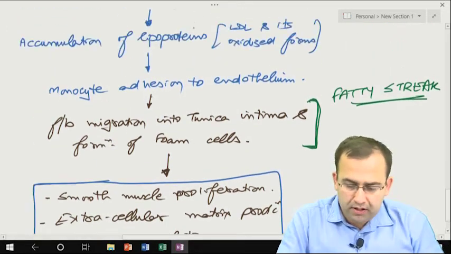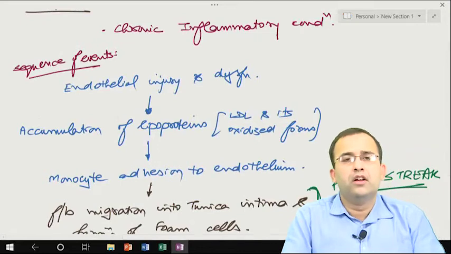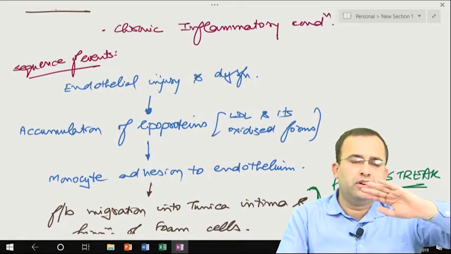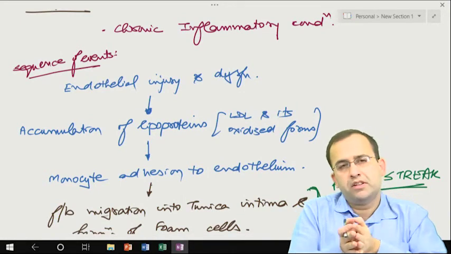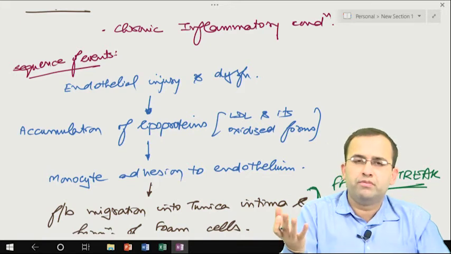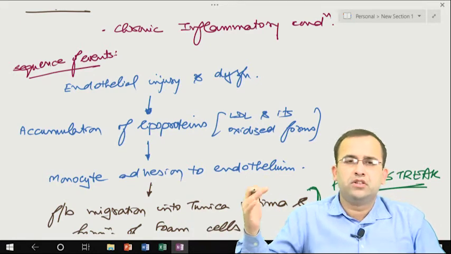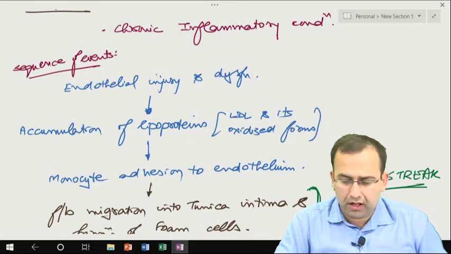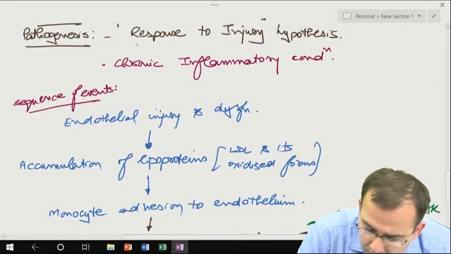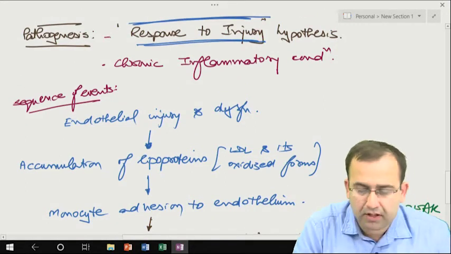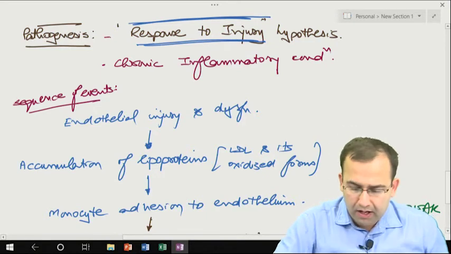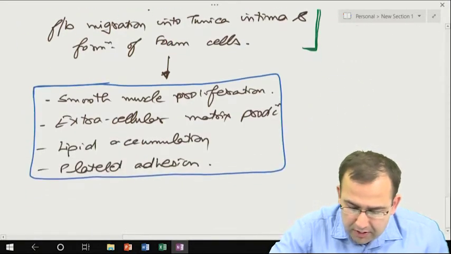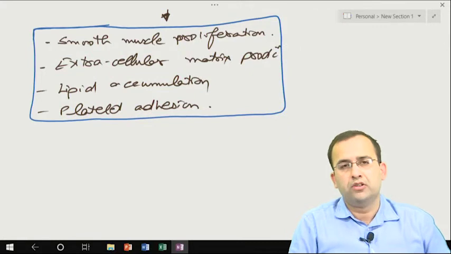So the initial gross change was the formation of fatty streak, which progresses to these changes. This is the sequence of events. For third year onwards: endothelial cell damage, macrophages come in, oxidized LDL, foam cells leading to formation of fatty streak, which progresses to atherosclerotic plaque. Sufficient. The name of the hypothesis is response to injury hypothesis. This is the pathogenesis of atherosclerosis.